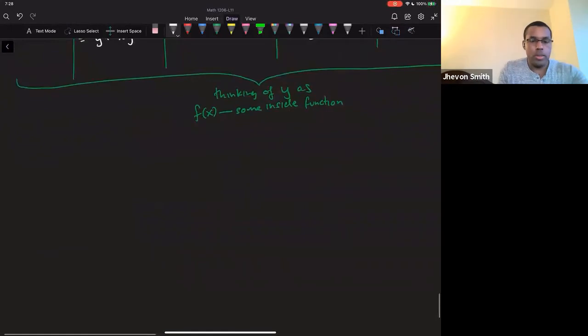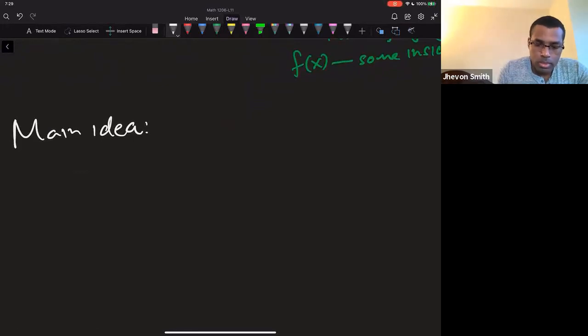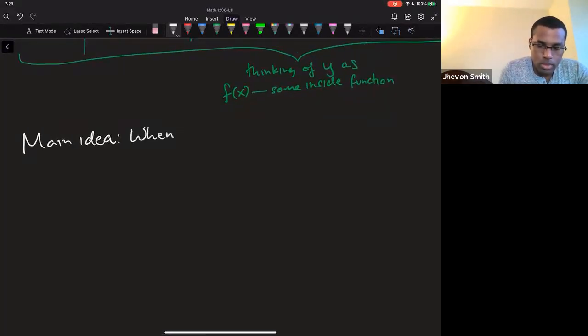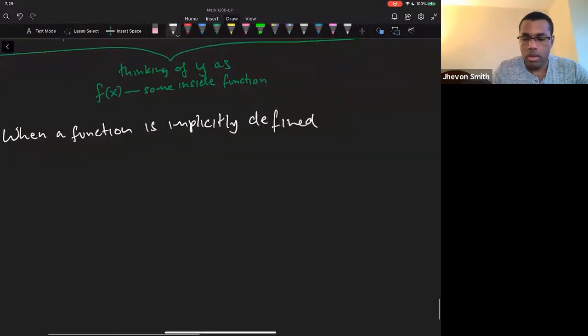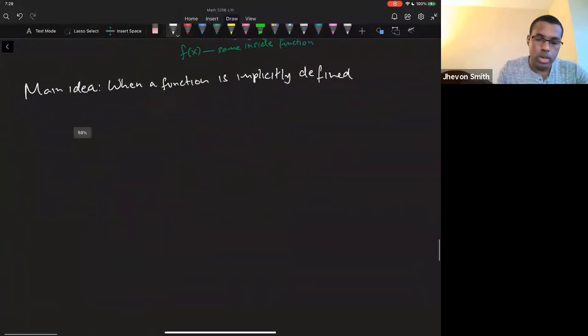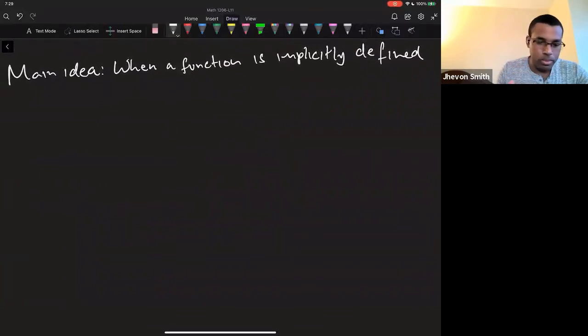So the main idea: when a function is defined implicitly, we already know how to deal with it explicitly.